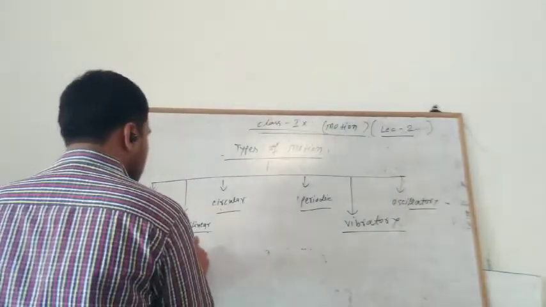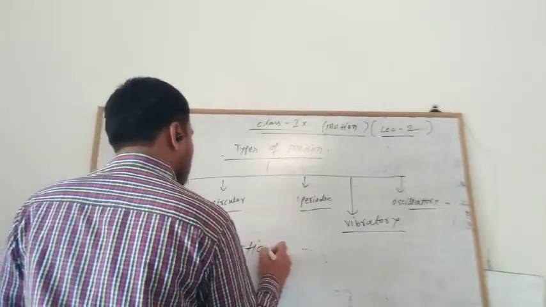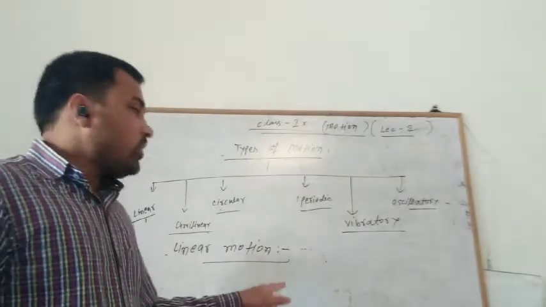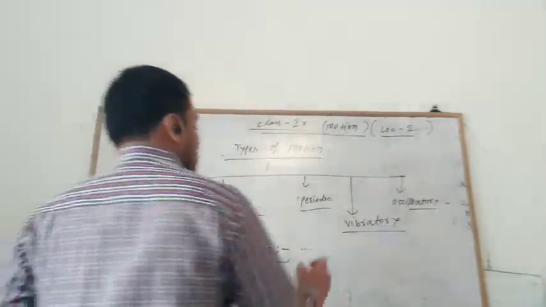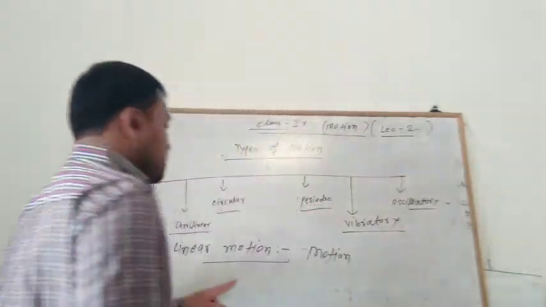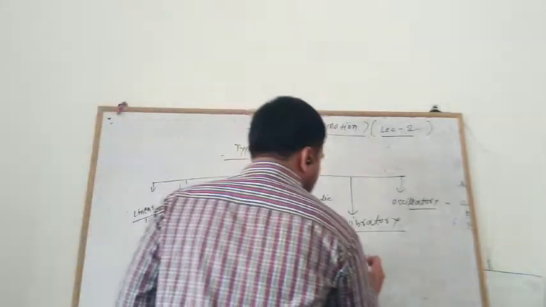So what is linear motion? How can we define linear motion? An object is in linear motion when its motion is along a straight path or a linear path.